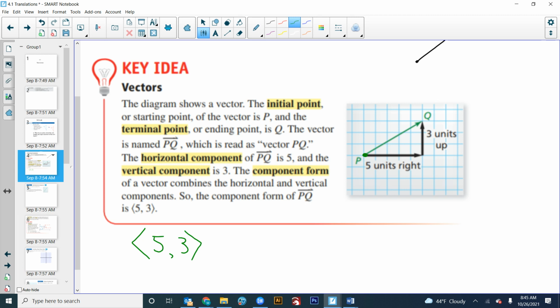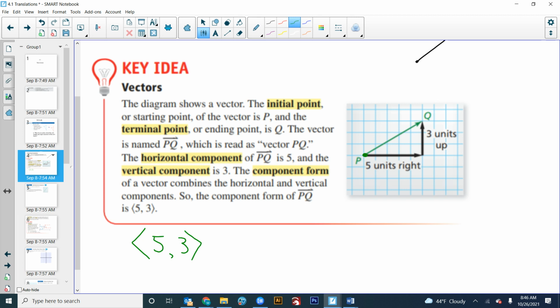So what if you have a triangle and you're told to translate it using this vector? Let's call the triangle ABC. You'd start at A and move 5 units to the right and 3 units up and plot A prime.